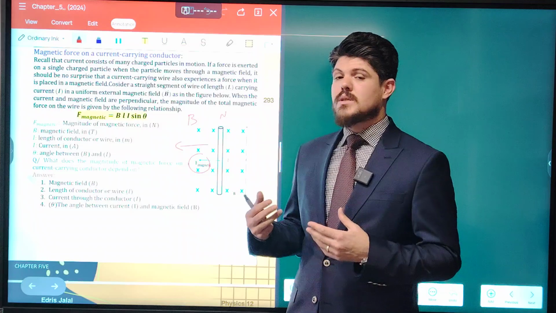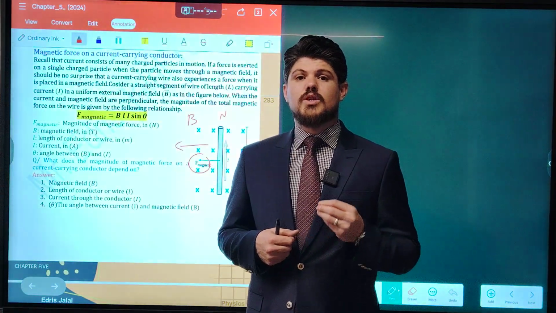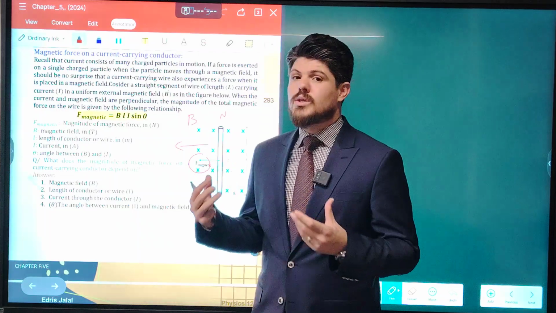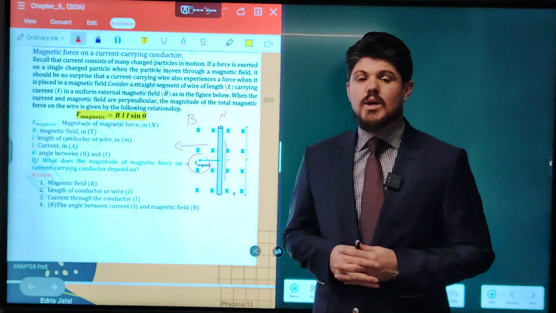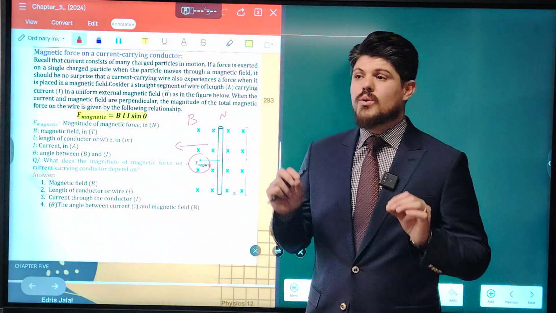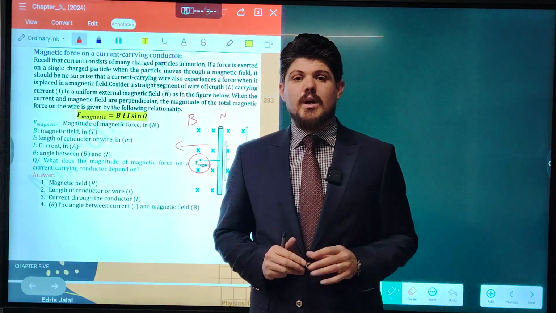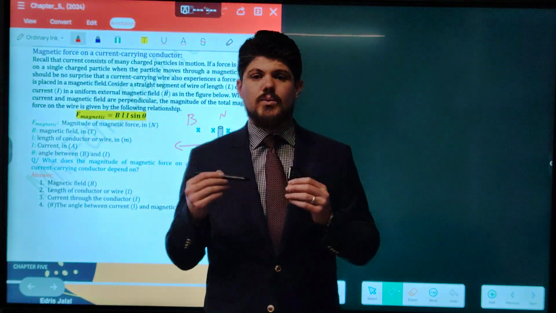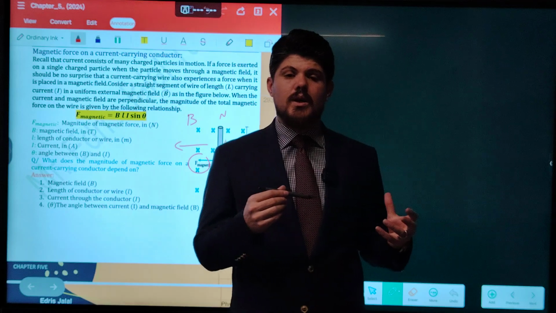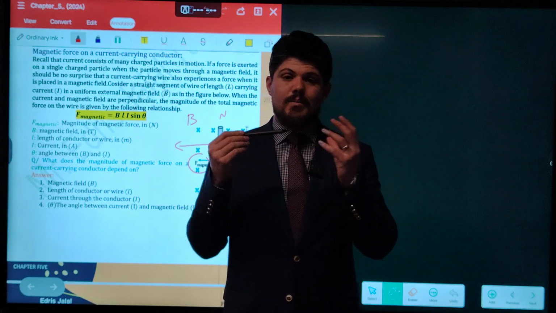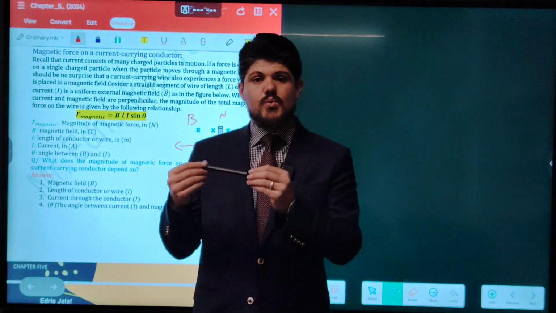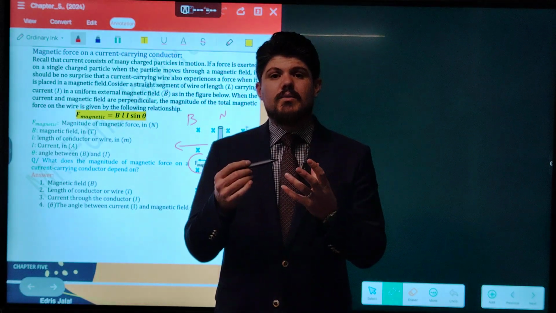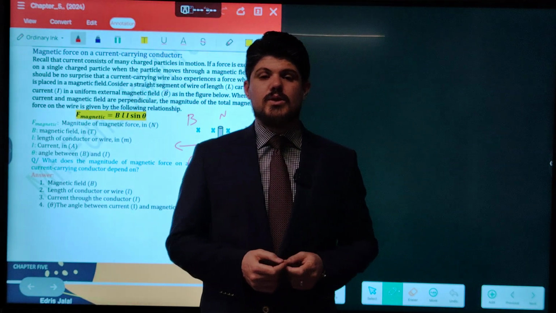In the previous lesson, we studied the magnetic force on a charged particle, but in this lesson, you will learn how you can determine the direction and the magnitude of the magnetic force on a current carrying conductor. For example, when current is passing through a conductor, and this wire is already placed in the magnetic field, the magnetic field exerts a magnetic force on this wire.